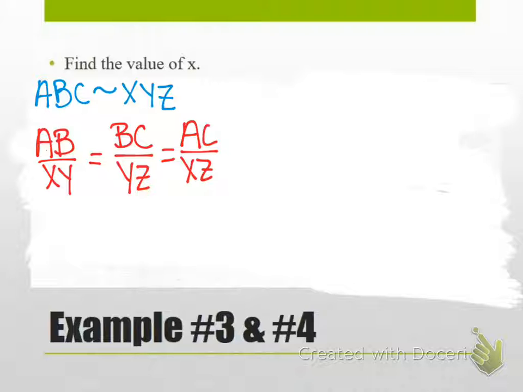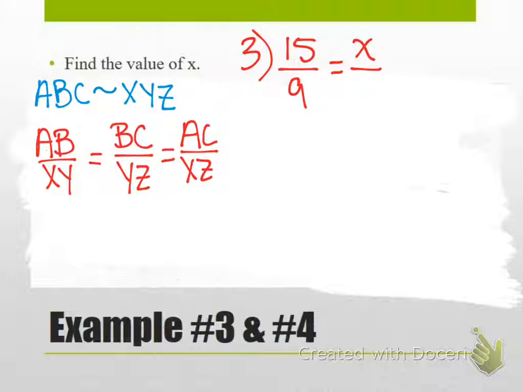So for number 3, what is the side length of AB? 15 compared to what is XY? 9. Equals, what's BC? x, right? They labeled that one x.